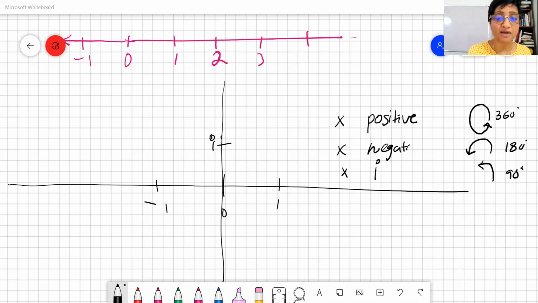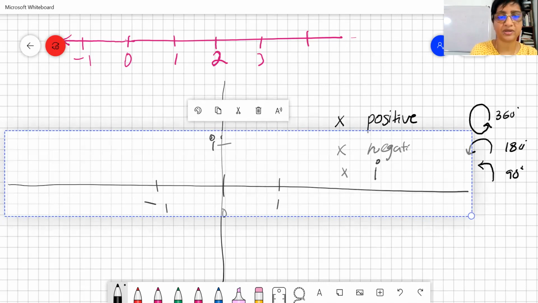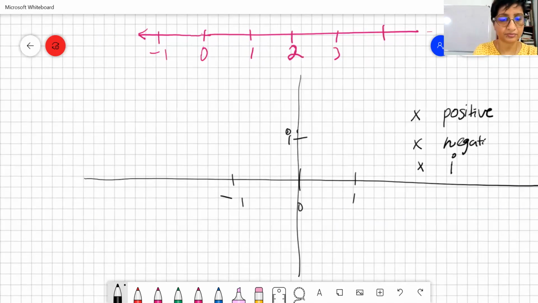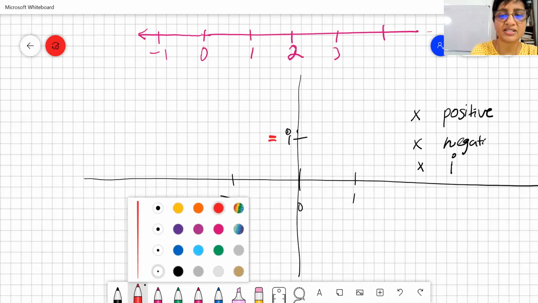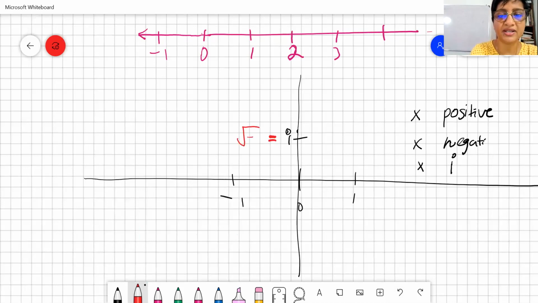Now you have to be thinking, what is this i? i is root -1, right? This is a symbol that we have taken for convenience. This is the square root of -1.